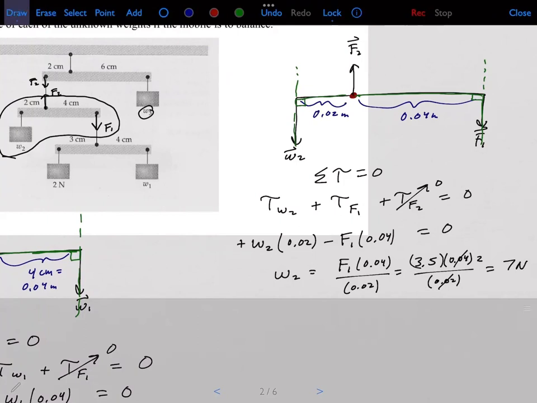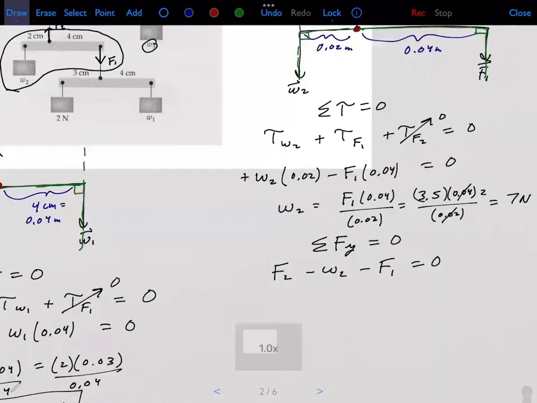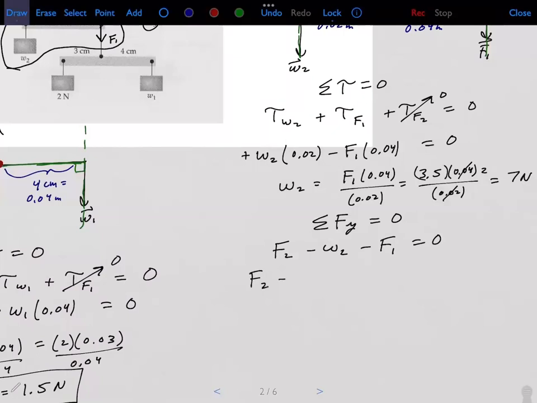And then to figure out F2, I can use this argument again, that the sum of the forces in the y must equal 0. So I have F2 acting up. The weight 2 is pulling down. F1 is pulling down. That's going to equal 0. So then F2 must equal the weight plus F1, right? I'm bringing those two terms to the other side.